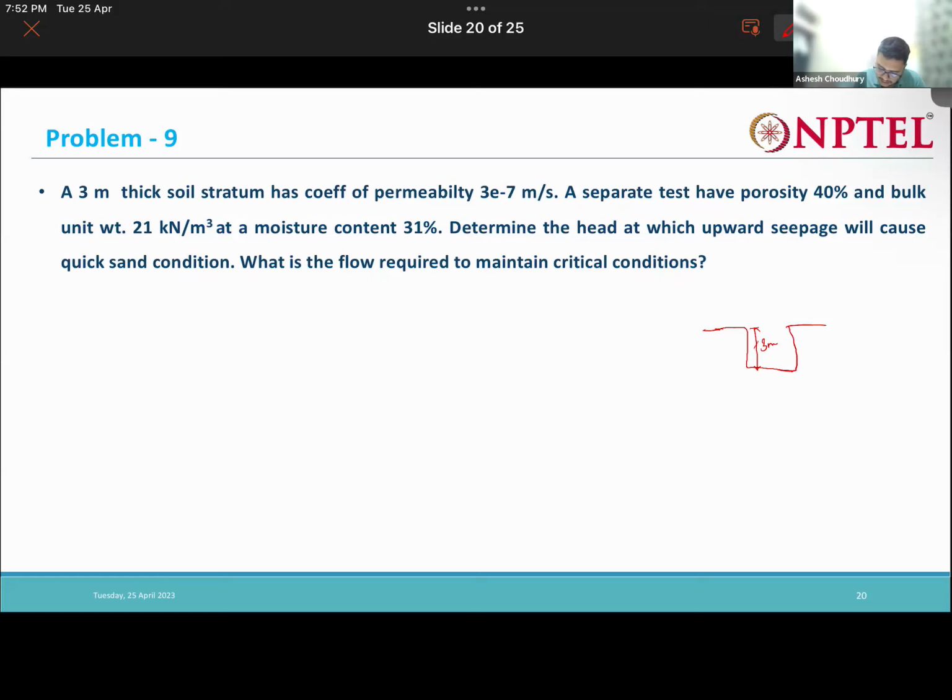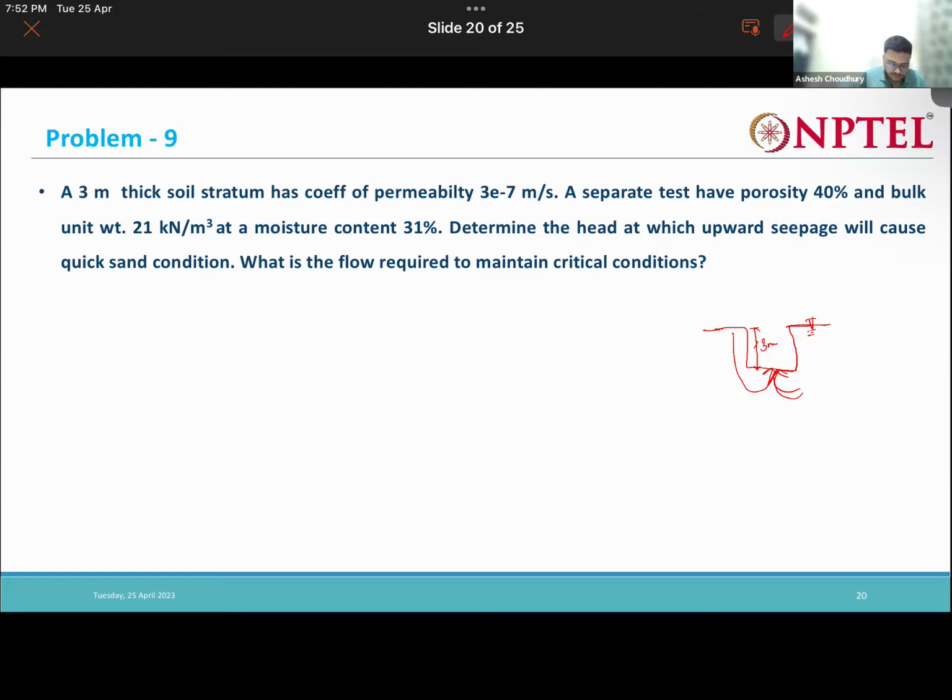So this thick stratum is there. There's some excavation, and say the water table is also here. So here some upward seepage might be there, due to which the water will try to go inside. So that will result in a quicksand condition. So we need to determine the head at which seepage will cause the quicksand condition.